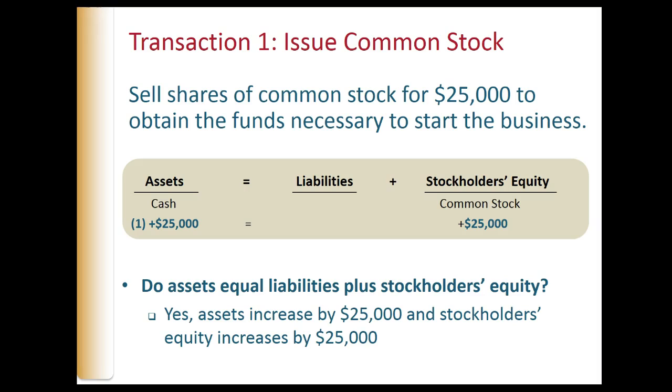The increase of $25,000 in assets equals the increase of $25,000 in stockholders' equity. If one side of the equation increases, so does the other side. You can use this same series of questions to understand the effect of every single business transaction. So hang in there, guys. We're going to do this for 10 transactions in the month of December for this company.